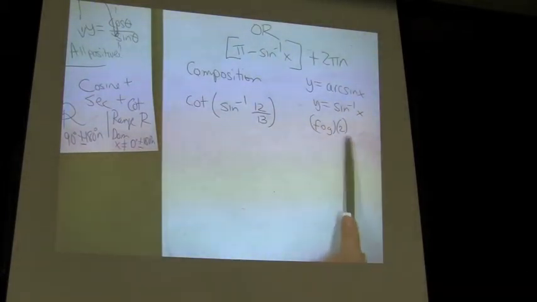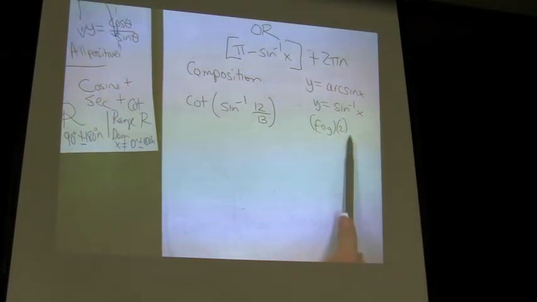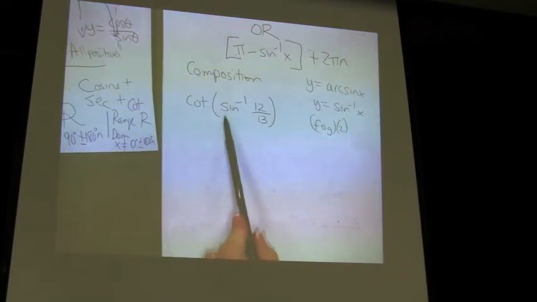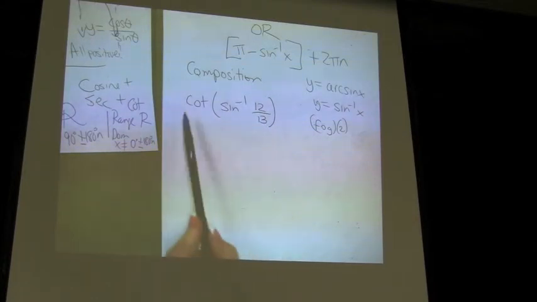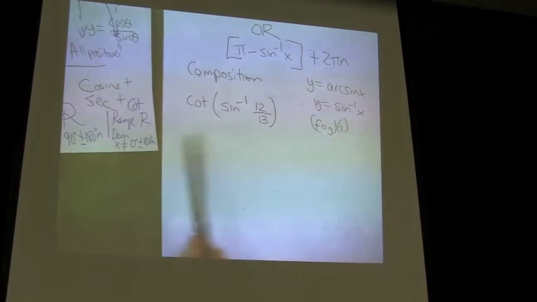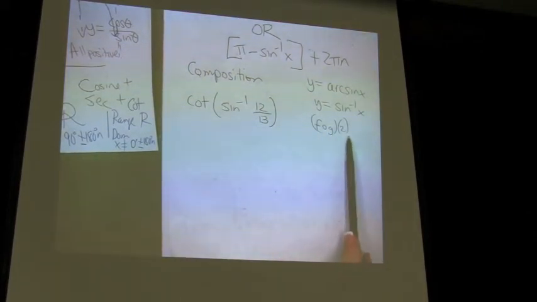You found g of 2 and f of the answer. How do you do this? You find out what inverse sine of 12/13 is, and you find cotangent of your answer. So that's why I say it's called composition. It's the same idea as f of g that you did last year.